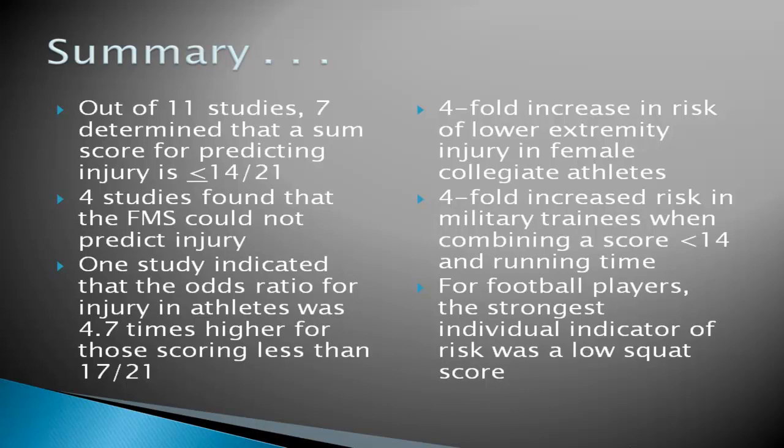Other studies found a 4-fold increase in risk of lower extremity injury in female collegiate athletes using a score below 14 as the threshold, and a 4-fold increased risk in military trainees when combining a score of less than 14 and running time. For football players, the strongest individual indicator of risk was a low squat score.